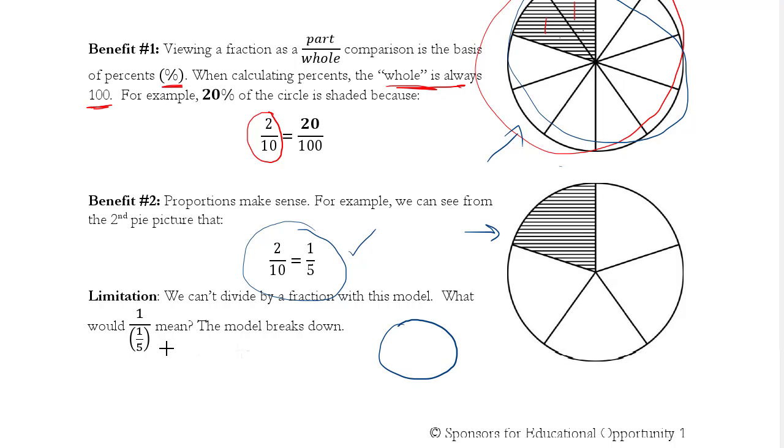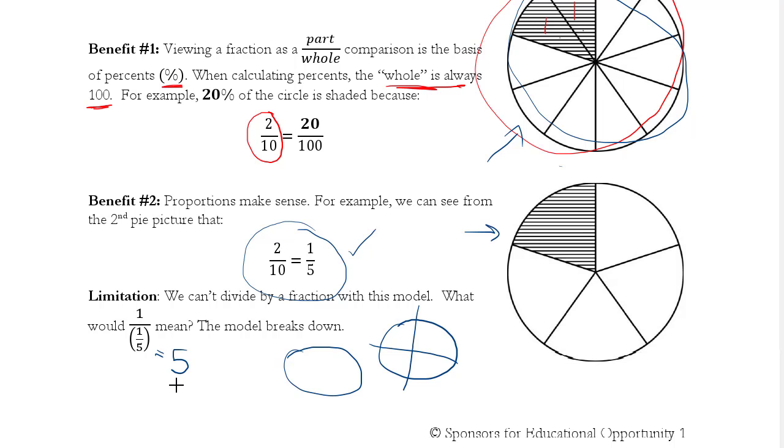No, it means divide it into 1/5 of a part, right? I mean, I could divide it into 2 parts. That's easy, right? I could divide it into 4 parts. I could divide it into 1 part by just leaving it alone. But what does it mean to divide it into less than 1 part, right? In fact, the fraction 1 over 1/5 actually equals 5, right?